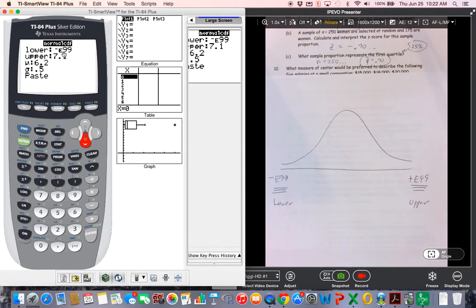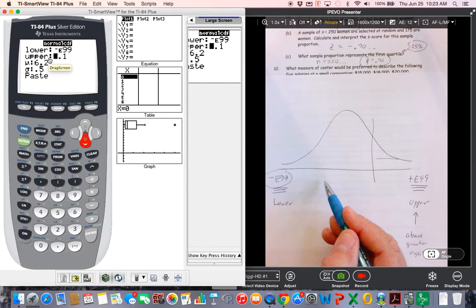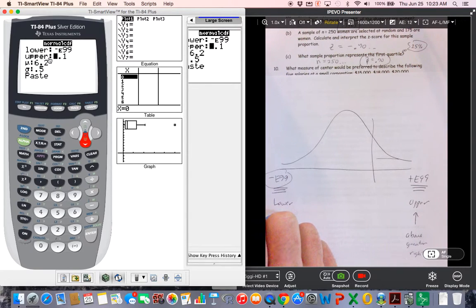It's infinity. It can only go in the upper, and this is when we have keywords like above, greater than, to the right of, something like that. Then I see a lot of students who put the negative E99 in the upper. How can this be right of anything? It can't be right of anything. It's the lowest number possible.